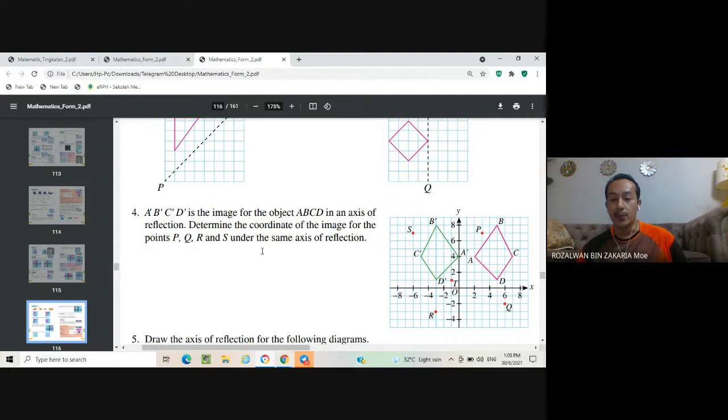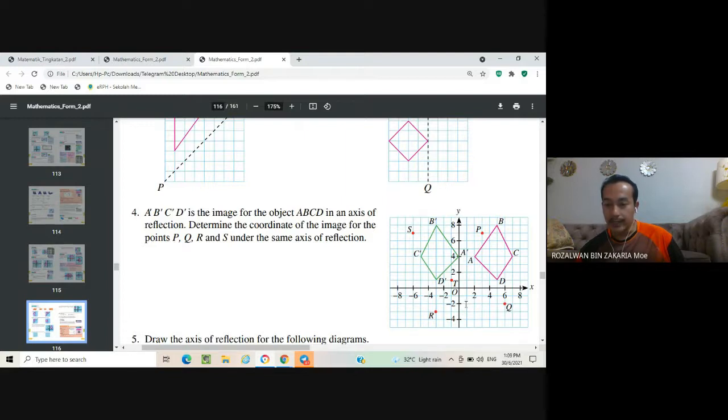And next for Q, where is Q? Q is here. So how to do this one? For Q, you have to determine the distance from Q to the axis of reflection, which is here. Calculate how many boxes: 1, 2, 3, 4, 5. 5 units.